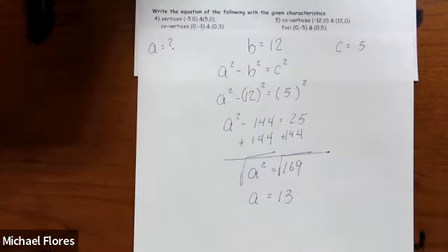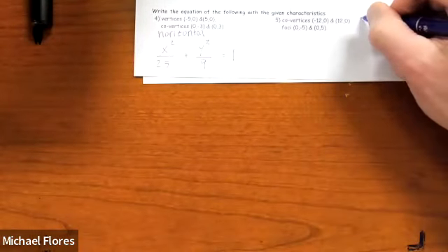Now we know what our a value is. It's 13. In order to complete this problem, we only need to take note of our a value and our b value. So a is 13.